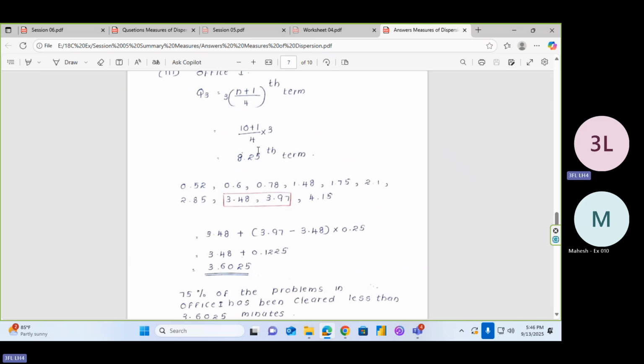Then how do you find the 8.25th term? Take the 8th term, plus the 9th term minus the 8th term, into 0.25. Okay.